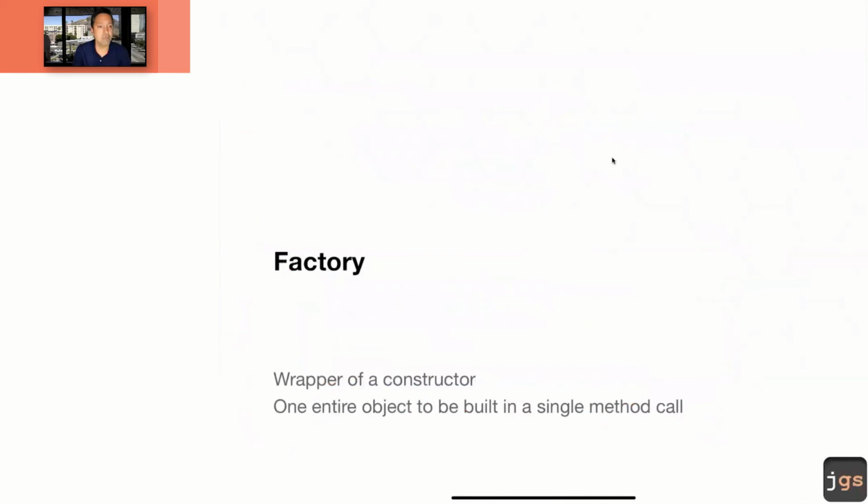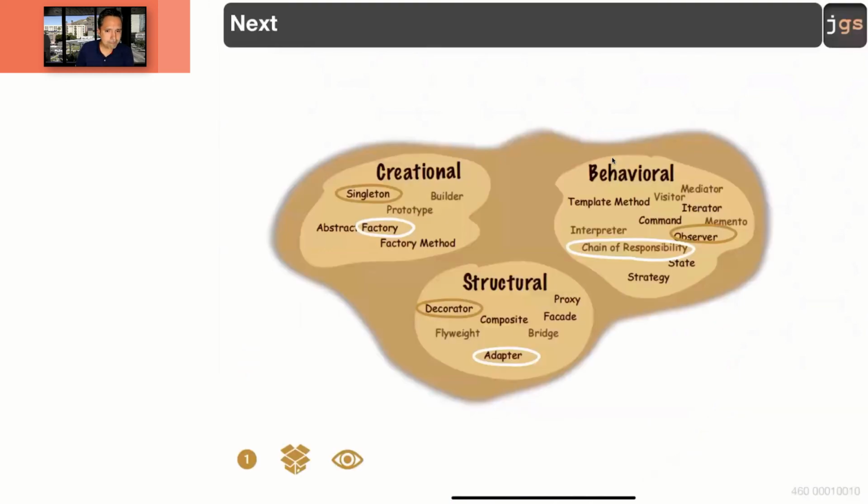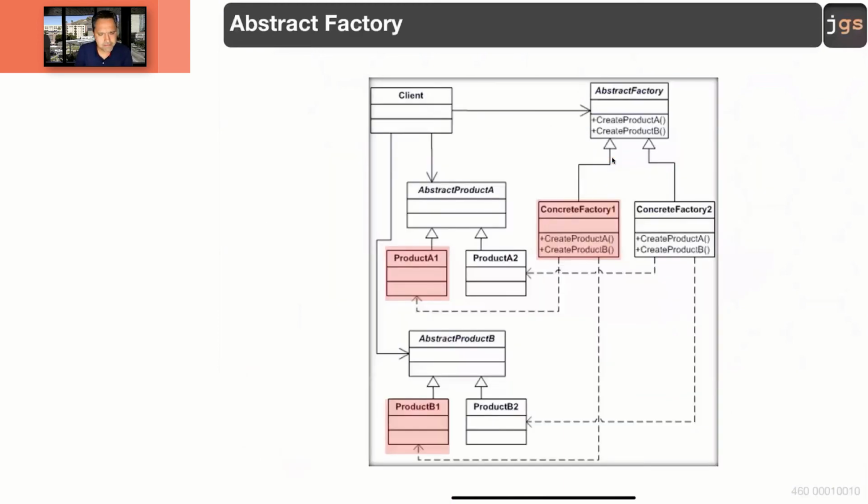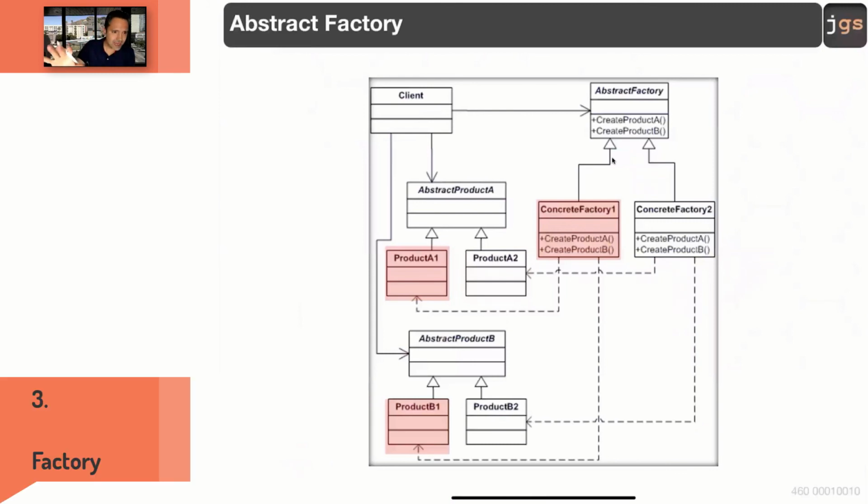Good. So, next one. We talk about the factory. I show you the diagram, I explain you the idea. Summary of the idea, something that maybe you want to remember. Again, could be something in your exams. For this pattern, the class diagram is showing you obviously several factories and several products.